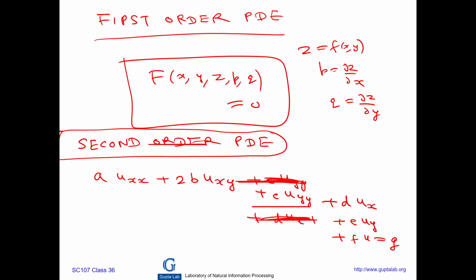First of all, this is a linear partial differential equation, second order, because all the derivatives involved are second order, uxx, uxy and uyy, and the first order derivatives are there anyway and the function is there, right? So this is the whole typical second order linear partial differential equation in two variables, x and y, right?